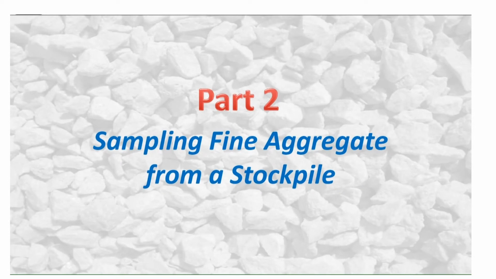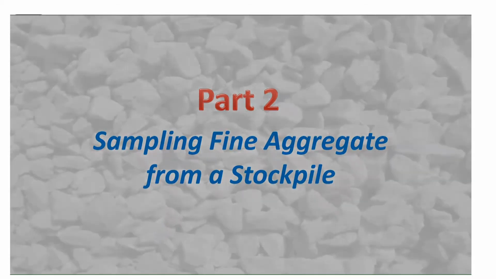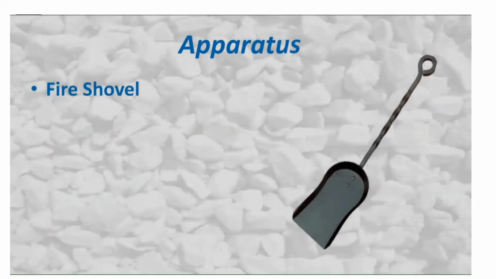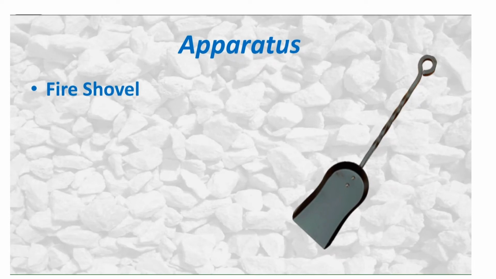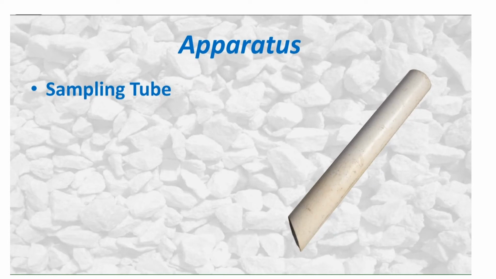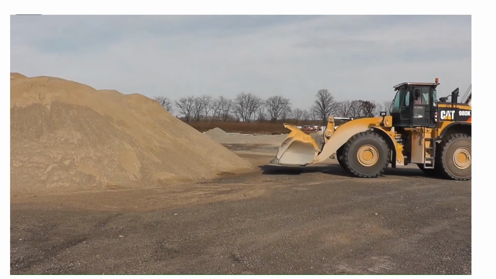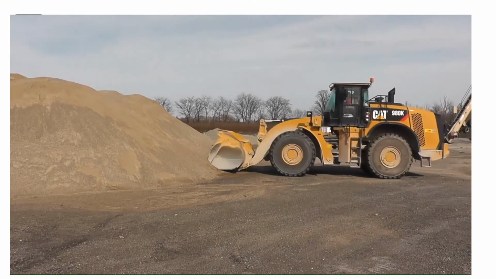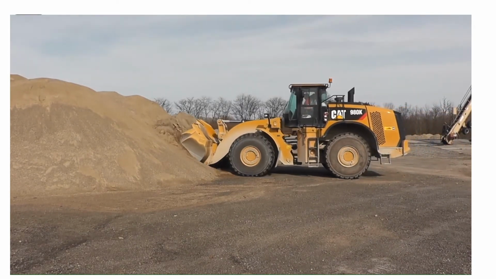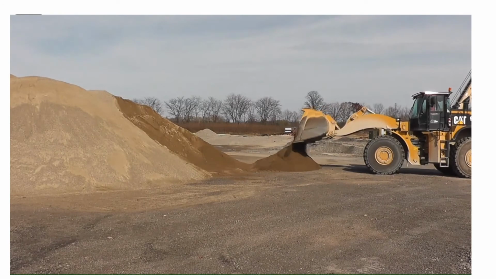Fine aggregates are sampled from stockpiles in much the same way as coarse aggregates are sampled from stockpiles. However, instead of the square bit shovel, either a fire shovel or a sampling tube is used to remove the material from the sample pile. As in the case of coarse aggregates, the loader operator removes material from the stockpile.